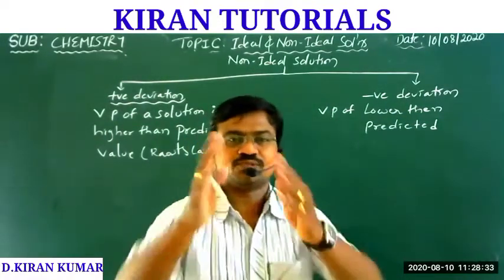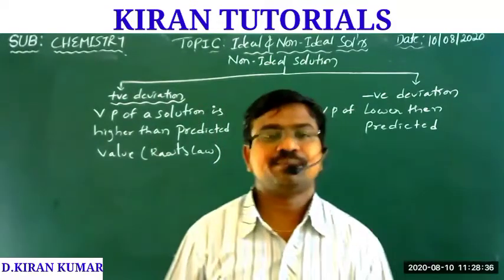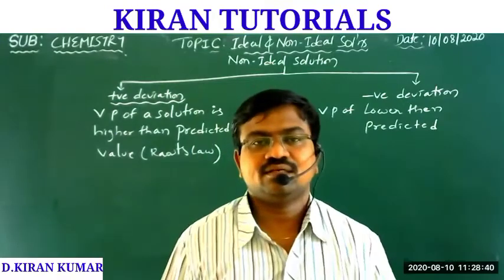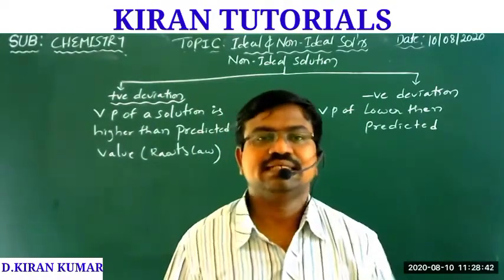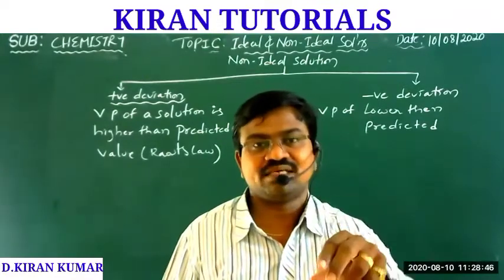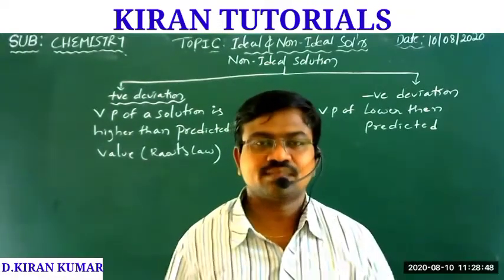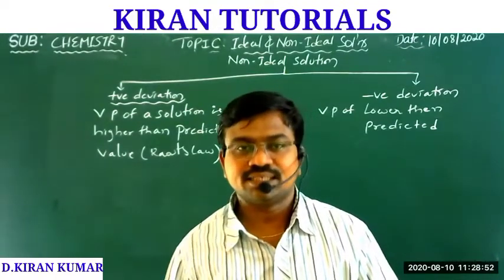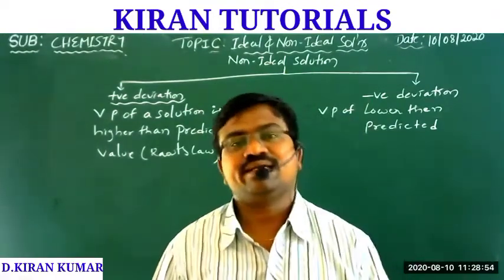In simple terms, for example, a student is there, we expect 80% marks. The student should get 80% marks in the examination. That is the prediction from Raoult's law. But he got 95%.